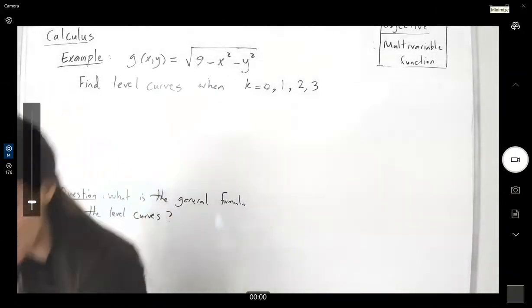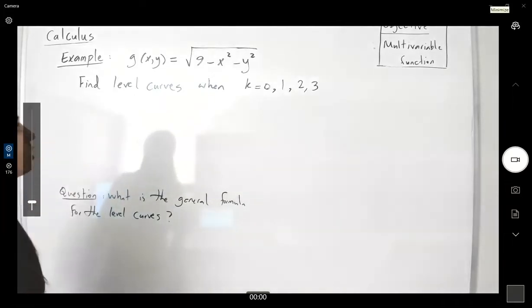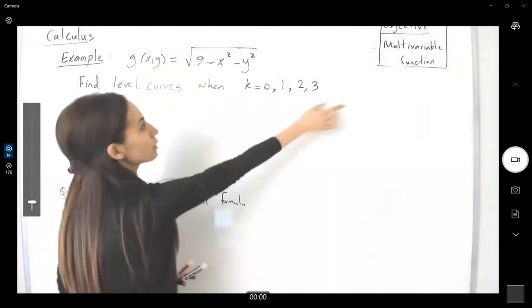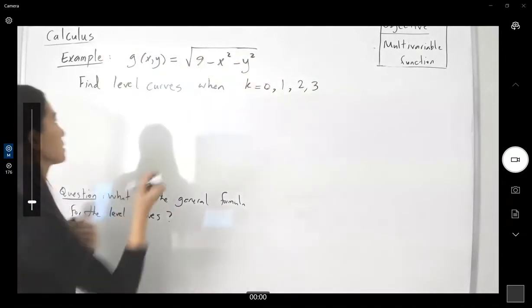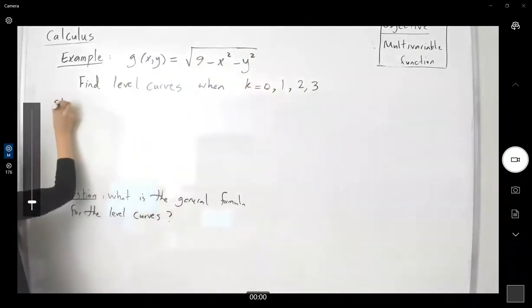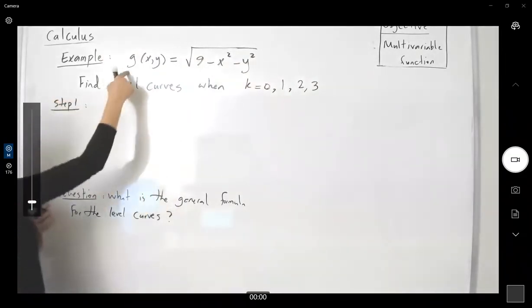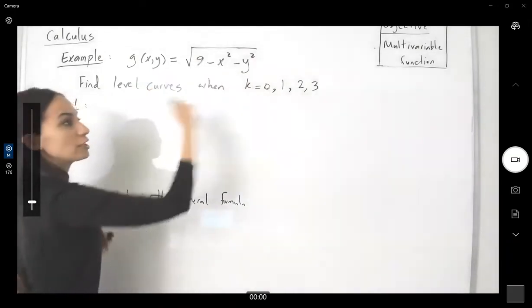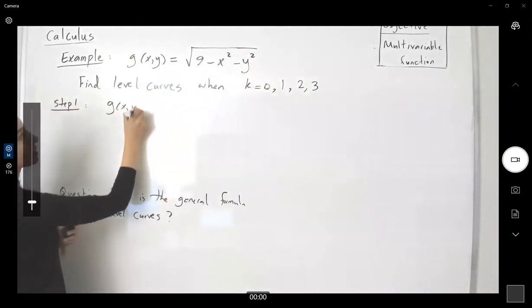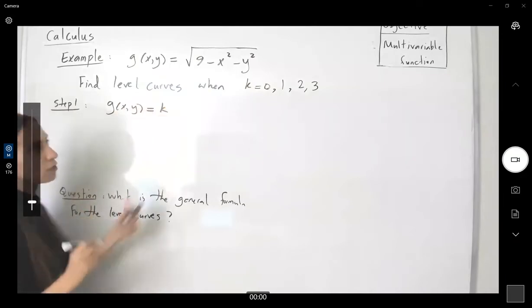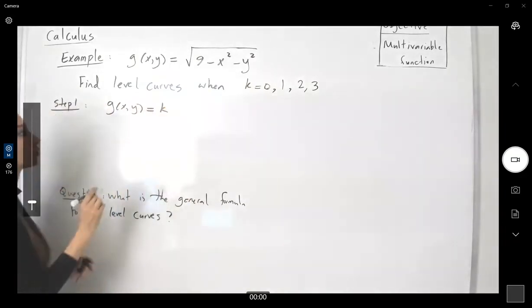Perfect. So what do we have here? We have different values for our k, and we have our function. Remember the steps. Step 1, we set the definition of the function equal to k. So we have g of x and y equals k. What is our first k? Our first k is equal to 0.